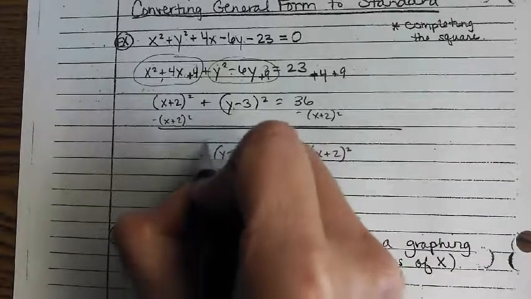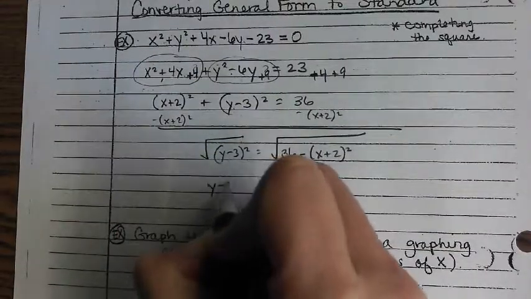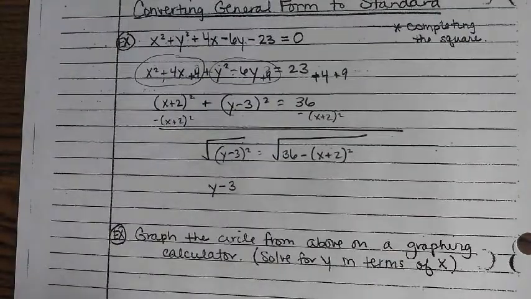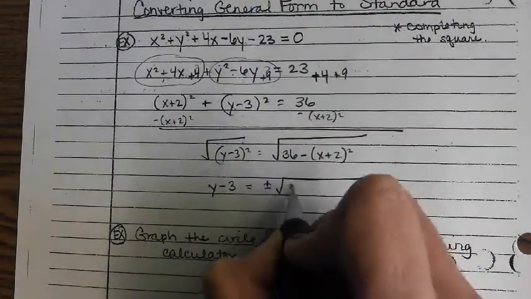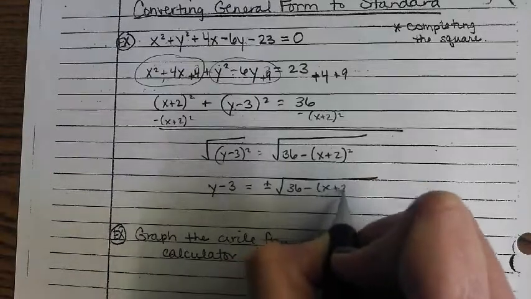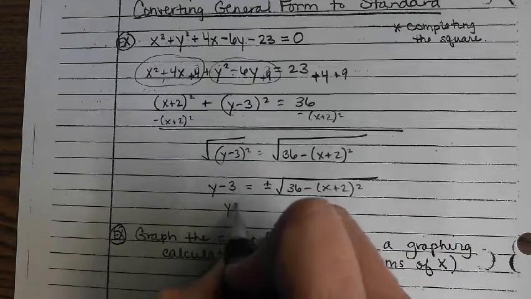Okay. And what do I have to remember when I do that? Very good. Plus or minus. And then we add 3.